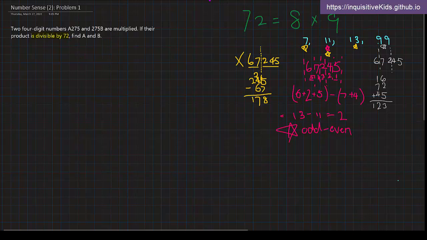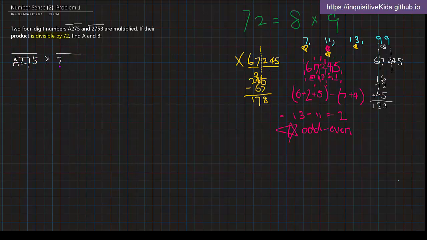We just went over how 72 can be split up into 8 and 9, right? So we know that the two numbers, A275 times 275B, is divisible by 72, and 72 can be split into 8 and 9.